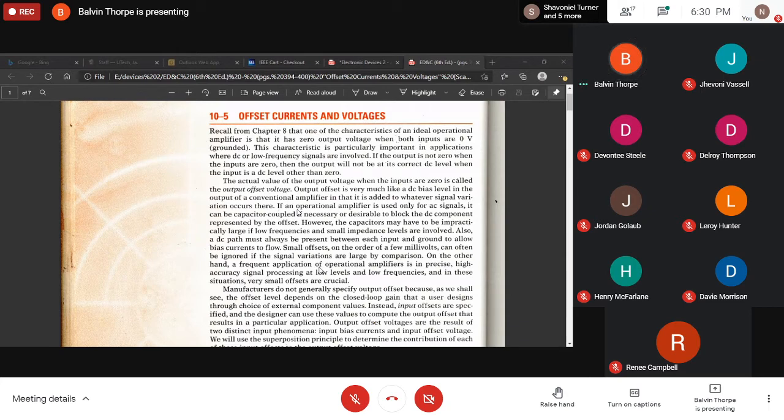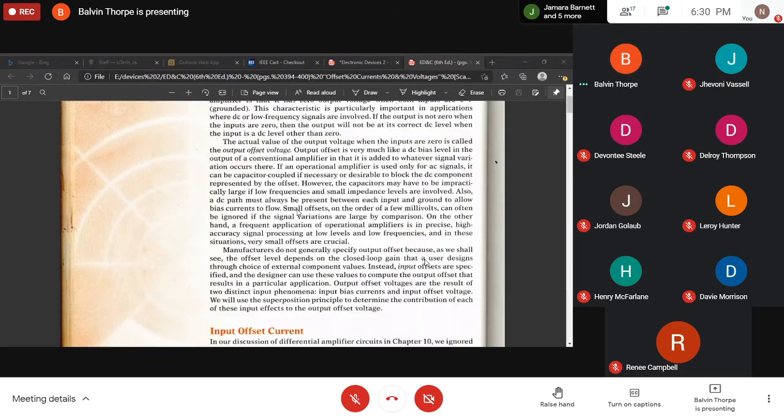Small offset, on the order of a few millivolts, can often be ignored if the signal variations are large by comparison. On the other hand, a frequent application of operational amplifiers is in precise, high accuracy signal processing at low levels and low frequency.